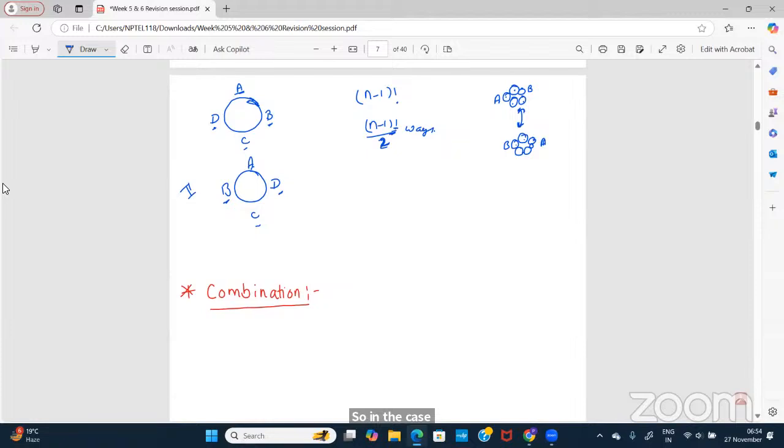If all the beads are the same, not distinct, then there will be only one way to arrange. So in the exams, we won't be expecting those kinds of questions. No. In permutation and combination, generally it is for distinct objects. If all are the same thing, why would we arrange them? Okay. Thank you.